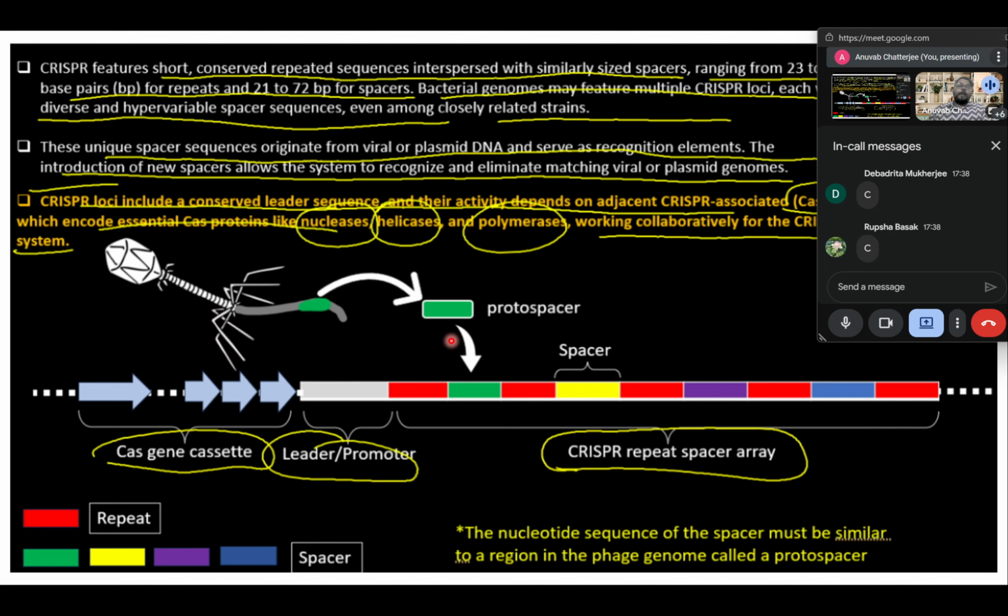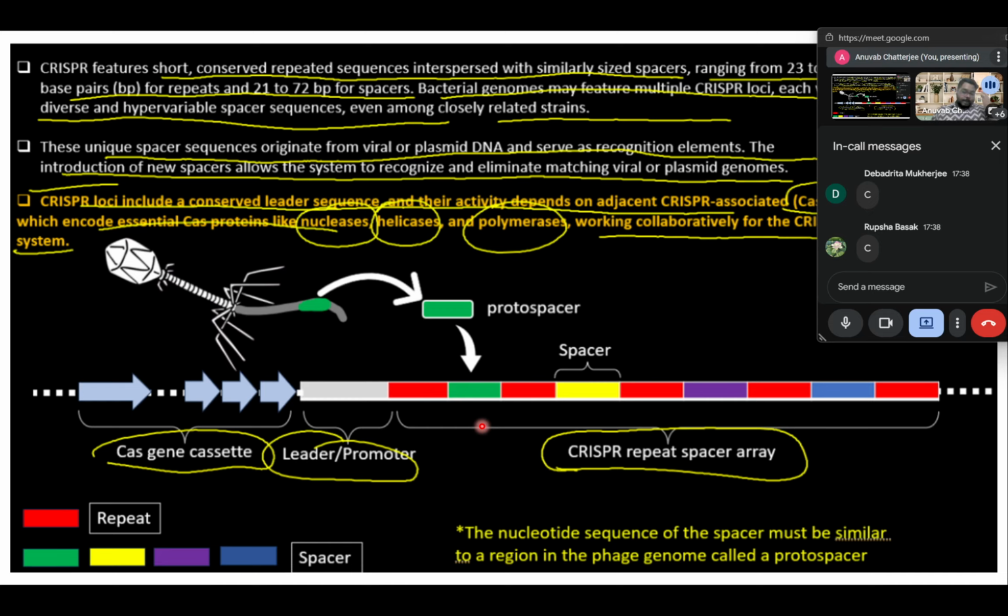So if the bacteria survives the infection, next time a similar virus comes in that has the same spacer sequence, the CRISPR-Cas9 system activates. And depending on this sequence, the CRISPR-Cas9 system goes and matches this sequence to any other foreign DNA around in the cell. If it finds any DNA, it chops it up. So essentially, this acts as an adaptive immune system for the bacteria which prevents recurring viral infections.